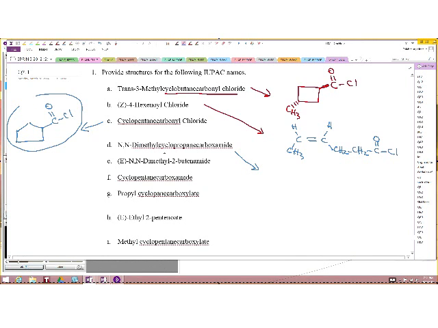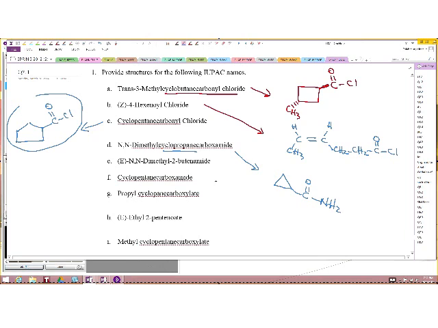Now N,N-dimethyl cyclopropane carboxamide. In this case, the base name here is cyclopropane carboxamide. So therefore, you have a 3-member ring, cyclopropane. You then say carboxamide, so that means you have an amide.